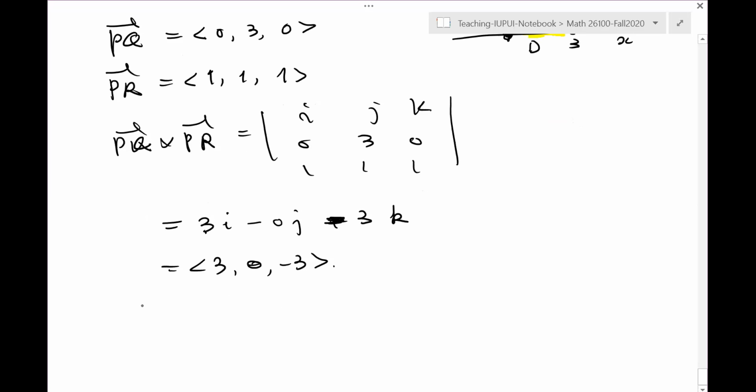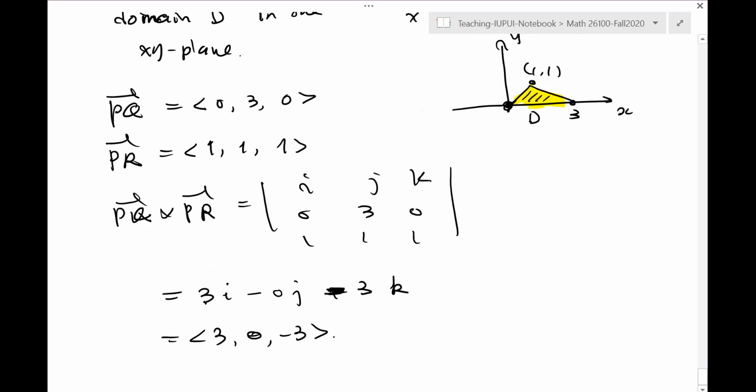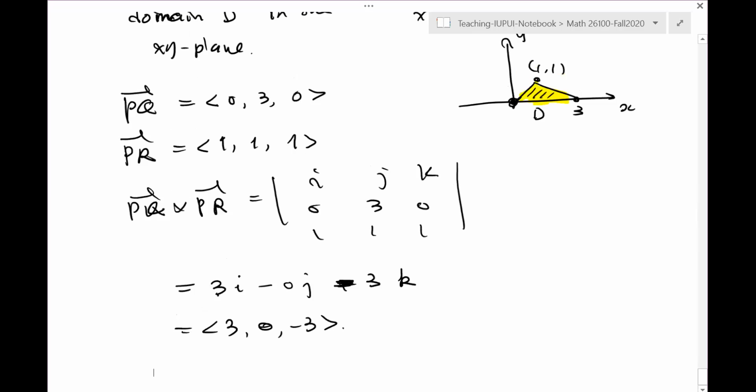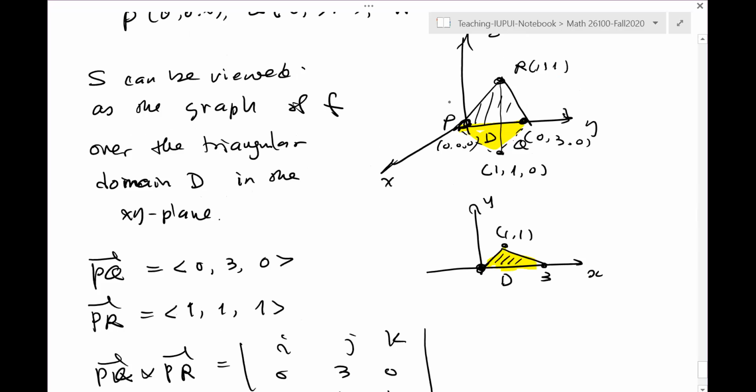Therefore, the equation for the plane, if you know the normal vector, which points in some direction like that. Here's an arbitrary point x, y, z.